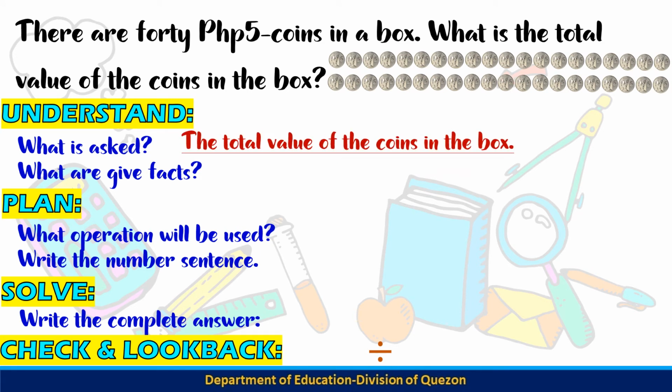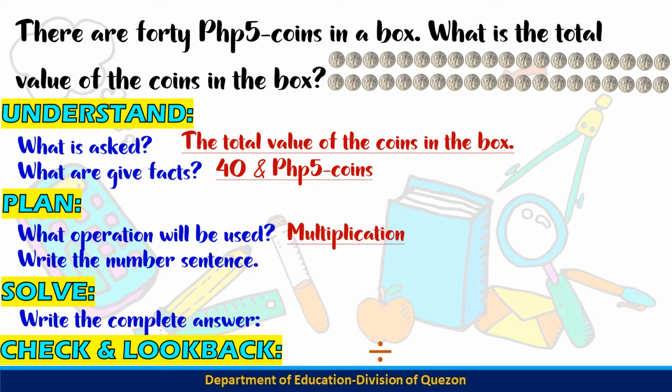Okay, the total value of the coins in the box, or what is the total value of the coins in the box? It's either of the two. Next, what is given? There are 40 five-peso coins. What operation will be used?